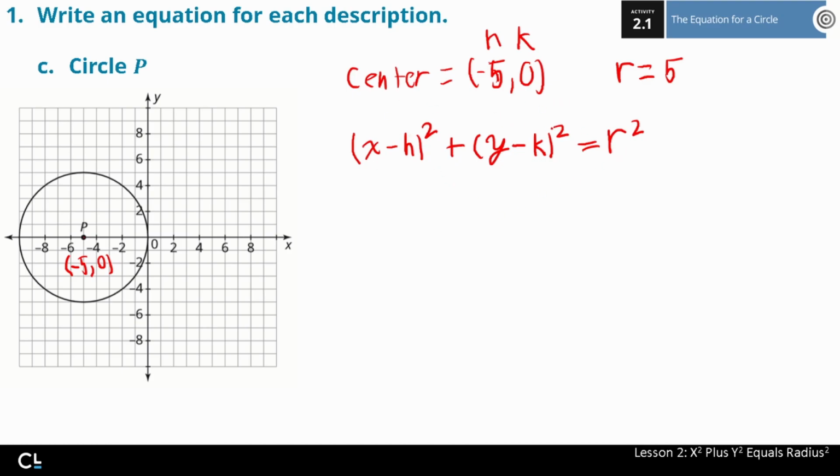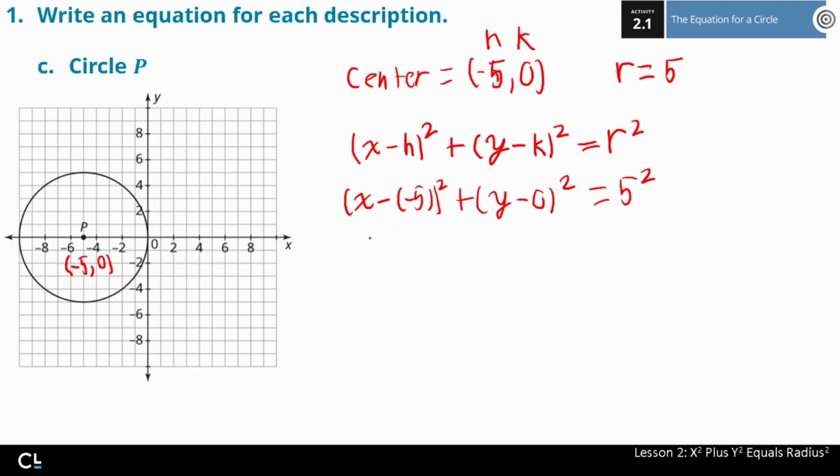So let's plug in my h, my k, my r. Once again, we get x minus, what's h? Negative 5, squared, plus, whoops, forgot a parenthesis, (y minus 0) squared equals 5 squared. And let's do our simplification step.